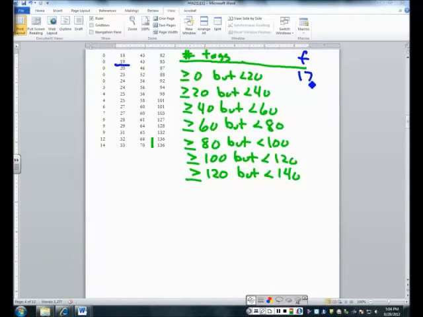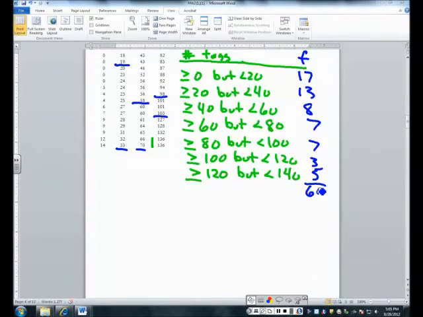Then greater than or equal to 20 but less than 40, 13 values. 40 but less than 60, 8 of those. 60 but less than 80, 7 of those. 80 but less than 100, 7 of those. 100 but less than 120, 3 of those, and then 5 here. That does add to 60, which was the number of numbers in the data set.